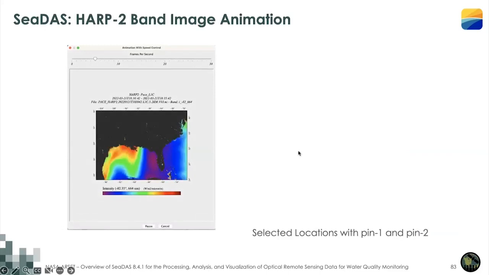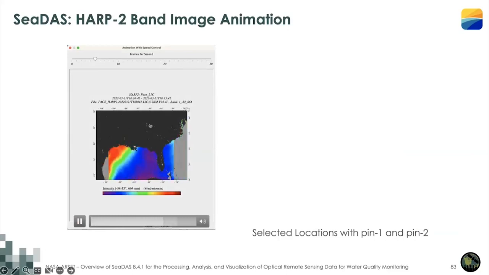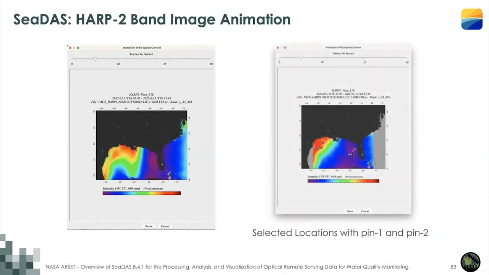Yeah, so here's a polarimeter animation where it looks like it's only a few scenes, but you can see the color bar, and when you run it, you can slow it down, but that gives you a good idea what the animation can do.